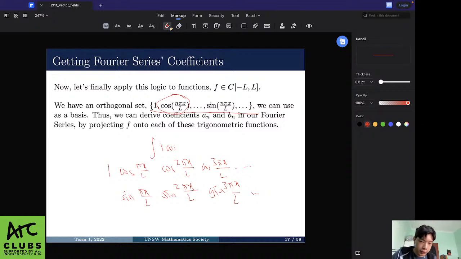So what we can do is we can take any two functions here, let's say 1 and cos pi x on L, take the integral from minus L to L, and that'd be equal to 0.